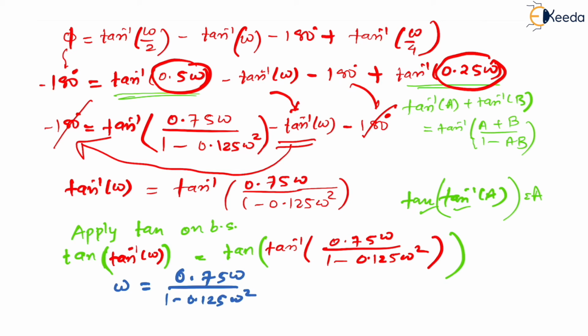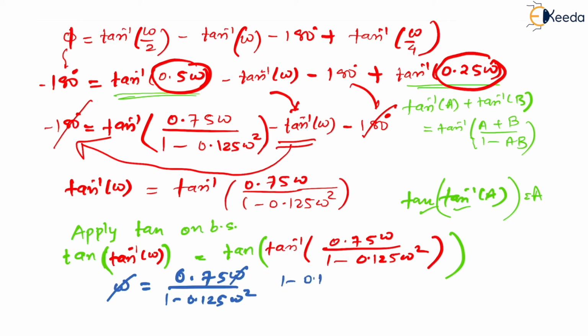Now, you already know that one root is equal to 0. One root has to be 0. So omega and this omega will get cancelled.